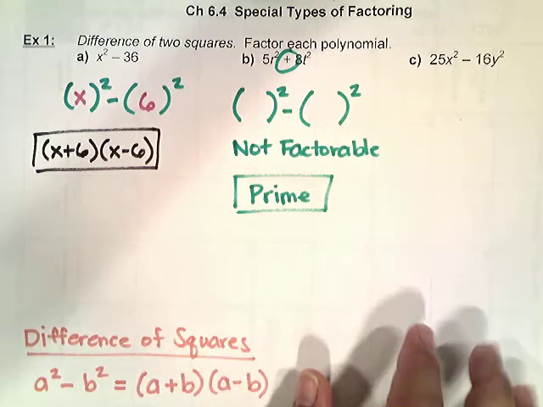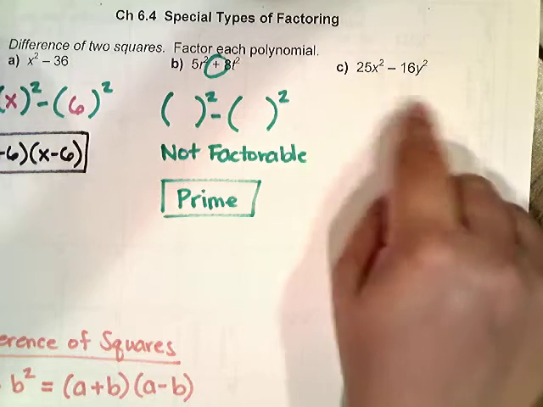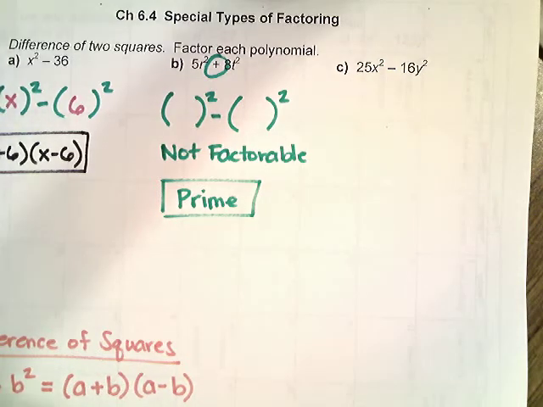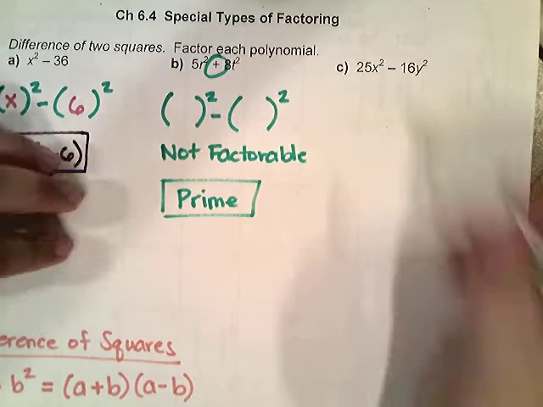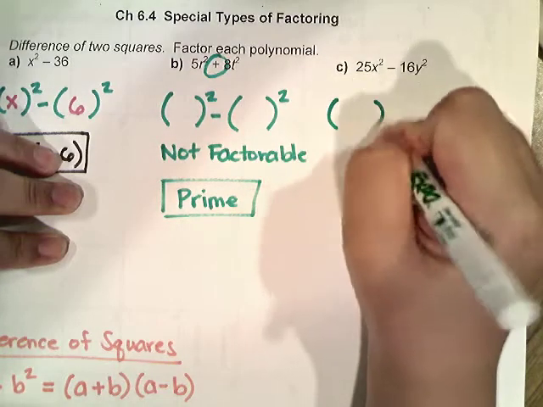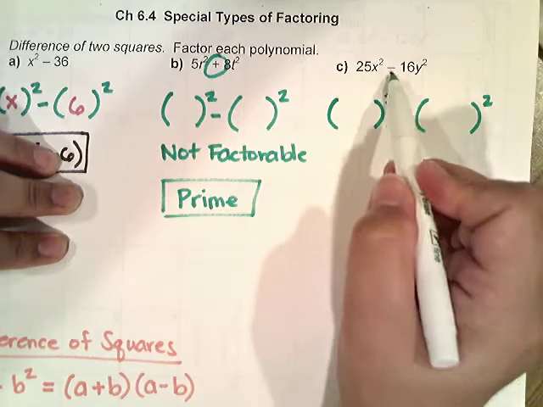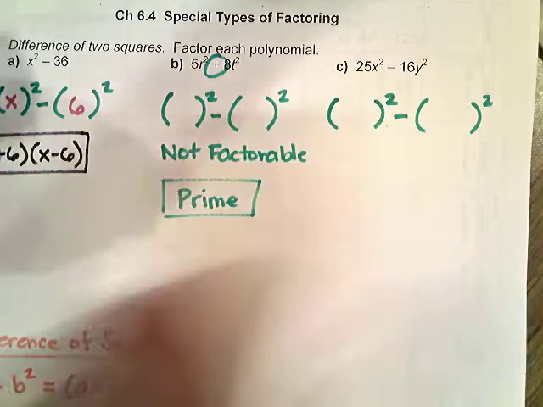Part C, we have something a little more involved. We have 25x squared minus 16y squared. So again, can we write this as something squared minus something squared? Well, first off, it is a minus, so that's in our favor.